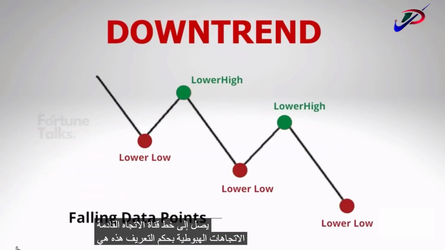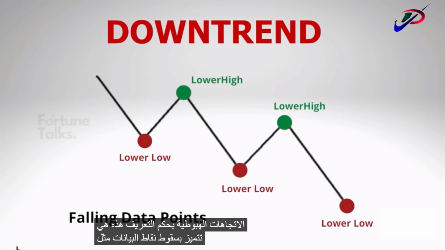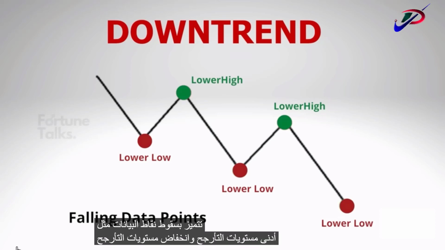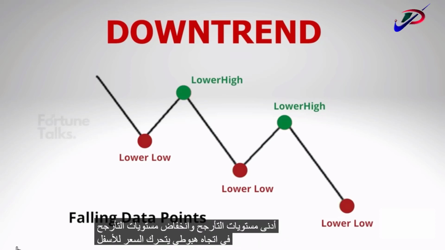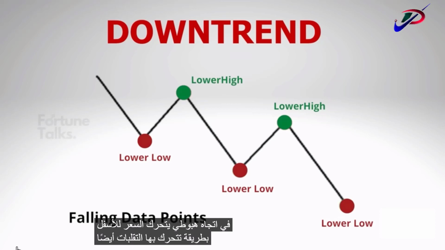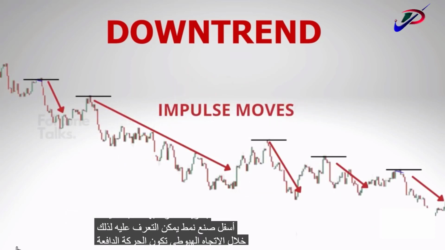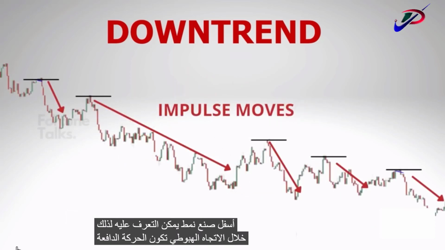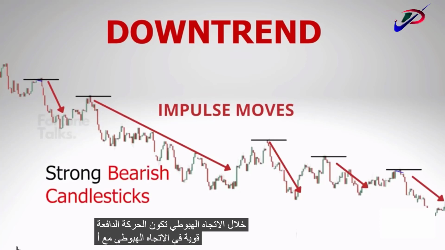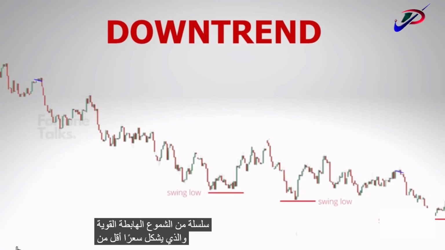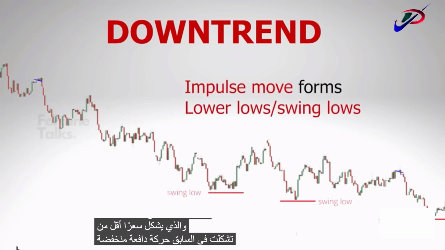Coming to downtrends, by definition these are marked by falling data points such as lower swing lows and lower swing highs. In a downtrend, the price moves down in such a way that the swings also move down, making a recognizable pattern. So during a downtrend, the impulse move is strong in the downward direction with a series of strong bearish candlesticks which forms a lower price than the previously formed low.